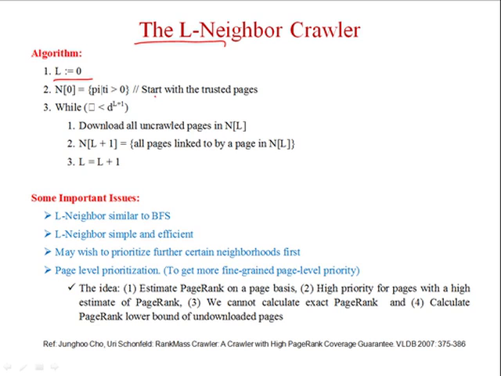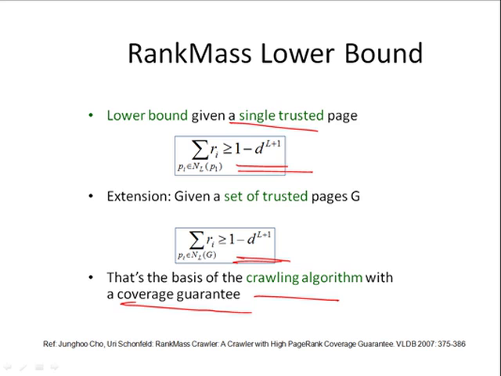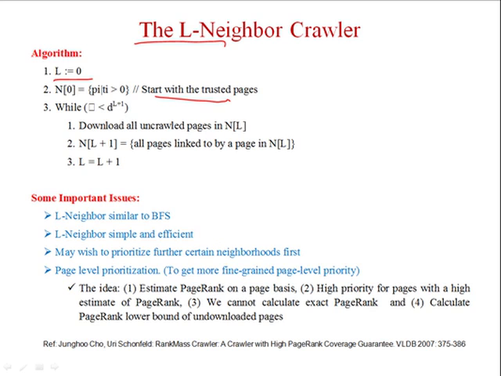It starts with some trusted page, while the rank mass is less than or equal to d to the power L plus 1. Download uncrawled pages from the nearest neighbors N_L and increase L to L plus 1.